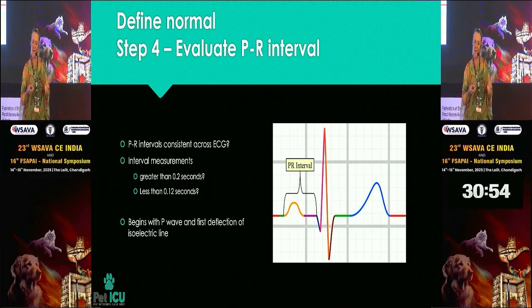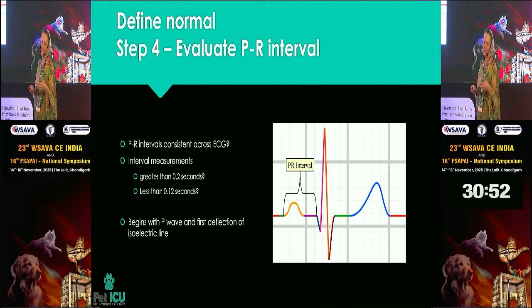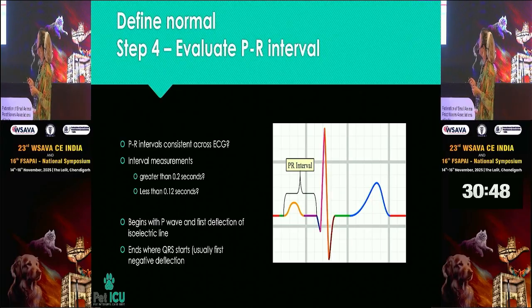It begins with the P wave and the first deflection off the isoelectric line. You see that little marker where we're measuring it, and then it ends right where your QRS is about to start. You're looking at the first positive blip right through until it's about to go negative, which is how you measure it.